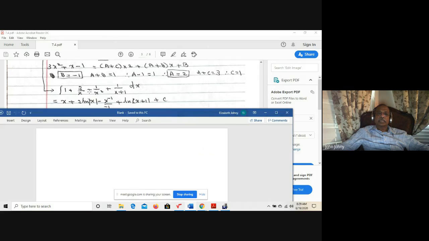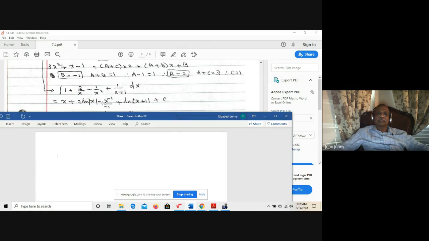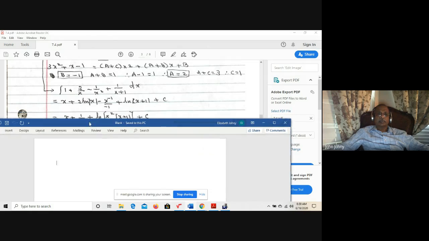The second term is negative x to the negative 2, so by the power rule, the antiderivative of x to the n is x to the n plus 1 over n plus 1. So this is x to the negative 2 plus 1 over negative 2 plus 1. Third term, natural log of x plus 1.